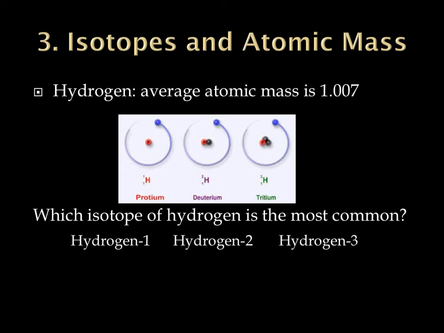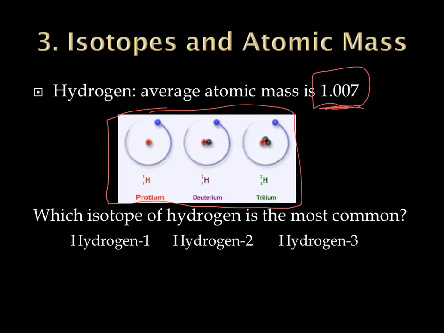When you look at the periodic table, you will see that all of the atoms have averages that are decimals. That's because scientists have found the natural abundance of isotopes. These different forms of atoms, for example hydrogen here, appear in definite percentages, and scientists have found ways to detect those different masses. They find those percentages, and then they find the average atomic mass.